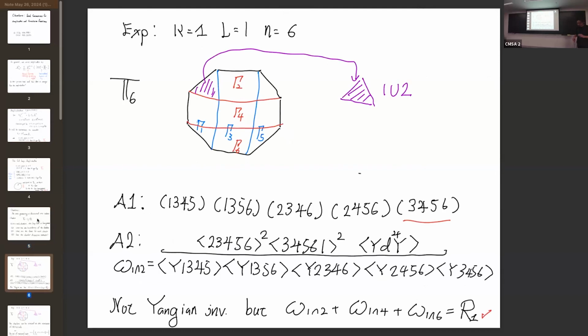Just to try a preliminary answer, we can look at the first non-trivial case for amplitudes, which is k equals 1, one loop and 6 points. So this would be 6-point NMHV.